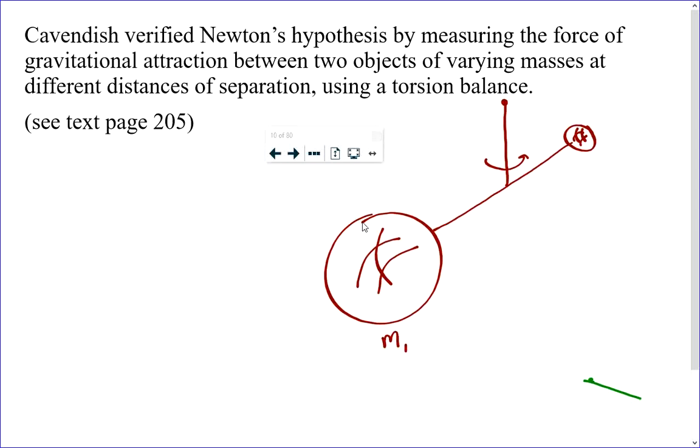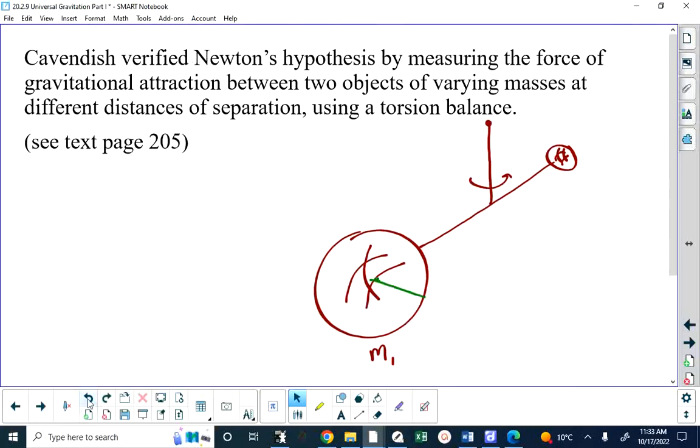And then I can apply a spring scale and pull it with a force of 2 newtons and see how much it twists, and 3 and 4. And then I will have a table of values that relates the angle that it twists to the force. And then when I do the experiment, when I put this mass on here and I measure the angle of rotation, I can figure out the force.